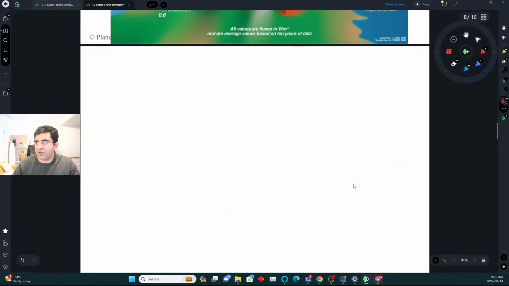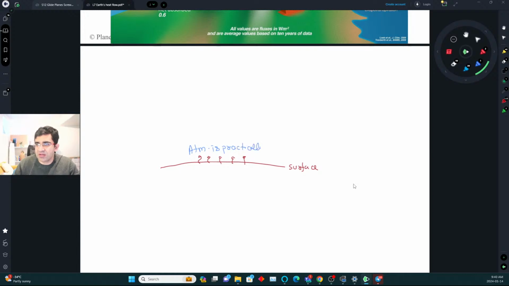Close to the surface, all that radiation that is trying to escape, the atmosphere is practically opaque to the infrared radiation which earth is emitting.